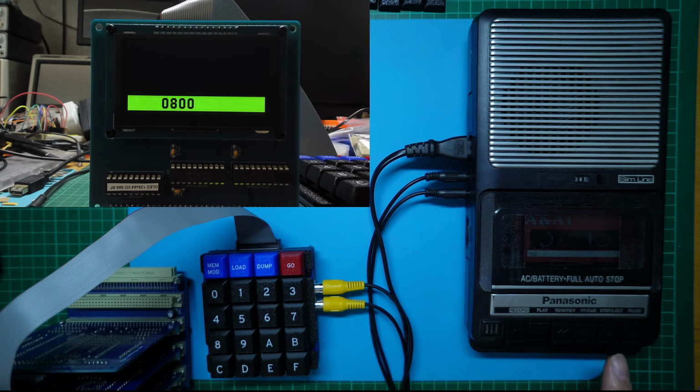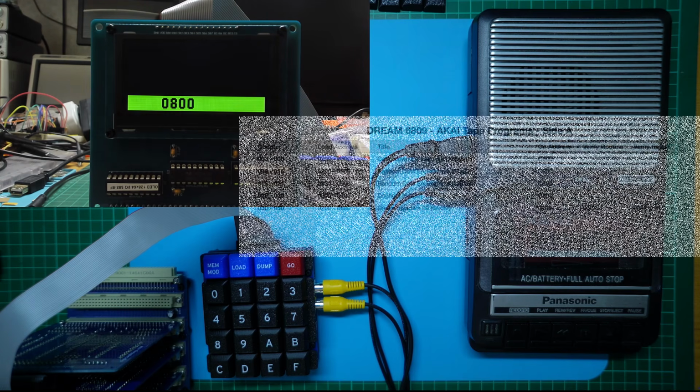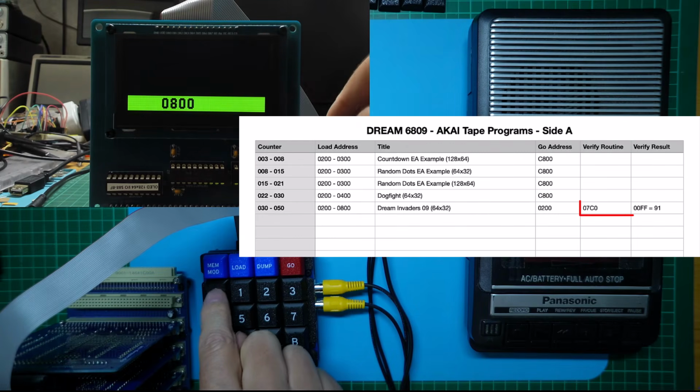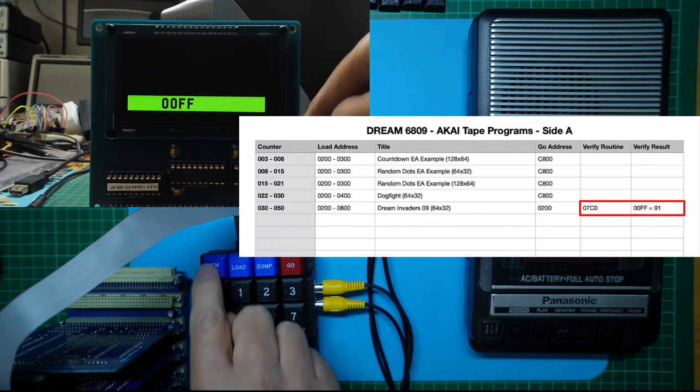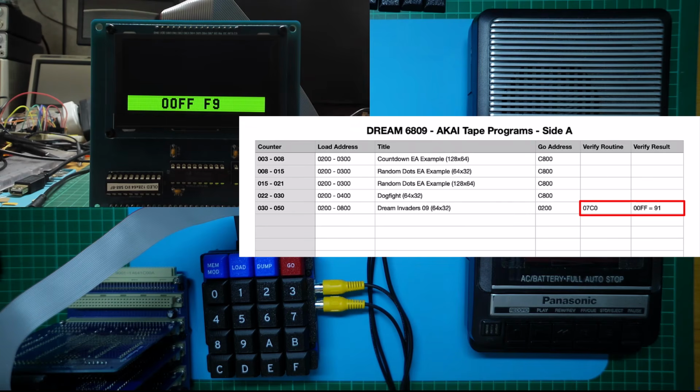Right, there we have it. So I press stop. Now we can optionally run the verify routine, which we don't need to do, but it's a good exercise. So if I start off by having a look at 00FF, it's currently got F9. So I'll exit out of there and I'll go to the verify routine, which is at 07C0, and let's run it by pressing go.